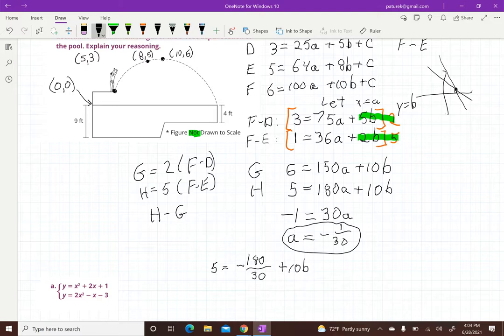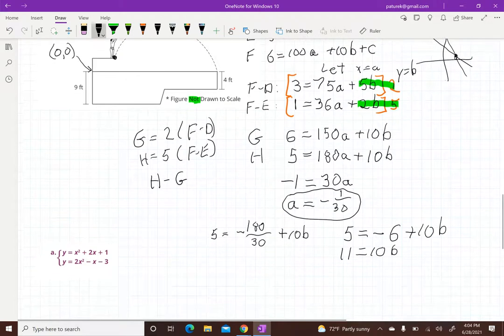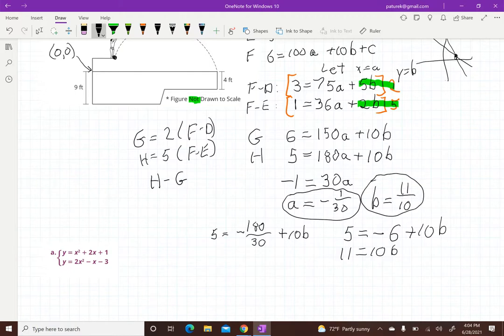Well, 180 divided by 30 is 18 divided by 3, which is 6. So really this says 5 is equal to negative 6 plus 10 times b. I'm going to add 6 to both sides. 11 is equal to 10 times b. I'm going to divide both sides by 10, and I have b equals 11 divided by 10. There's the second coefficient.